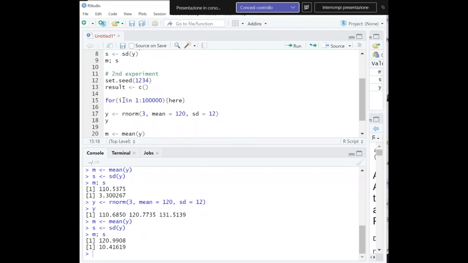There is an index which is updated any time the process is iterated. The first time the index is 1, then the second time the index is 2, and R is doing the process written inside the curly brackets 100,000 times. Is that clear for you?